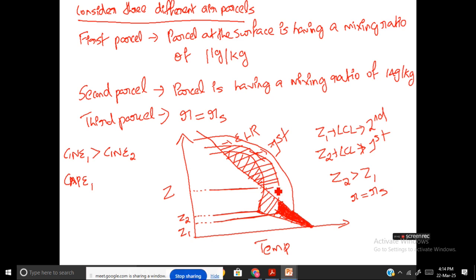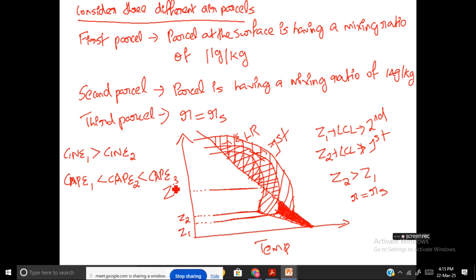So CAPE 1 is less than CAPE 2, and in the third case, when the parcel was already saturated at the surface, this is the area. This is the largest. So that is greater than CAPE 2.